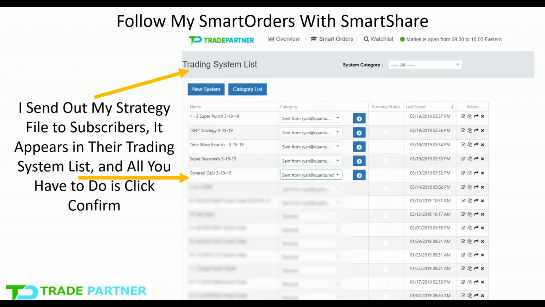We give you the file. You can do whatever it is that you want with it, but it's like a one-click. Hey, take these trades in my account. Okay. So it's as close to being automated as you can possibly get.